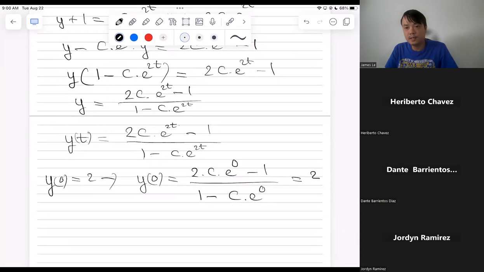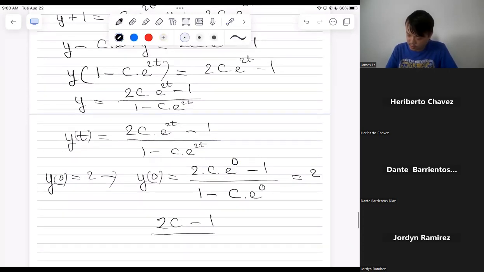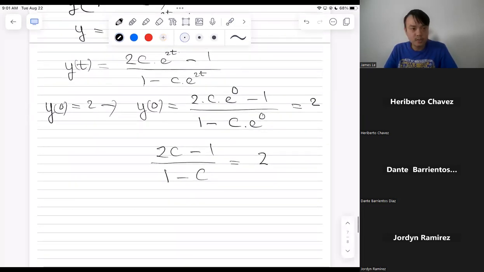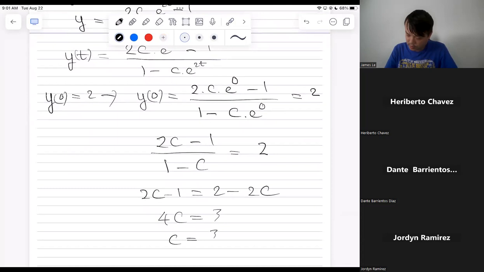E to the power 0 is just 1, so the numerator is 2c minus 1 and the denominator is 1 minus c. So 2c minus 1 equals 2 minus 2c. So 4c equals 3, so c equals 3 over 4.